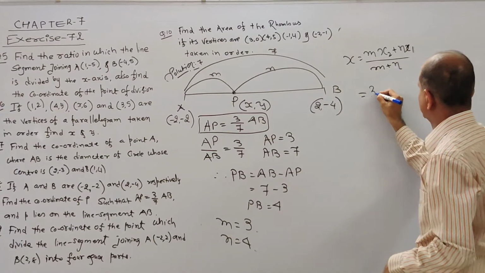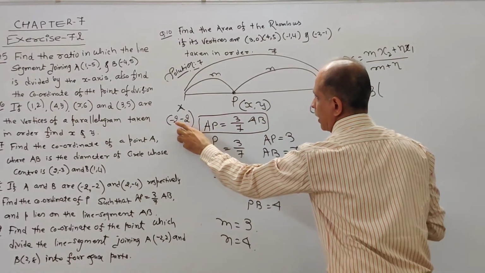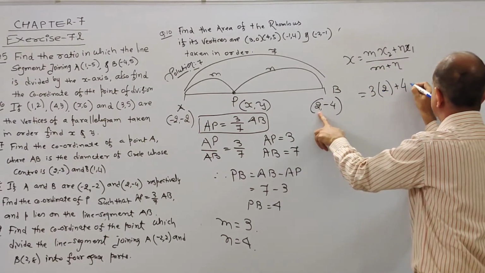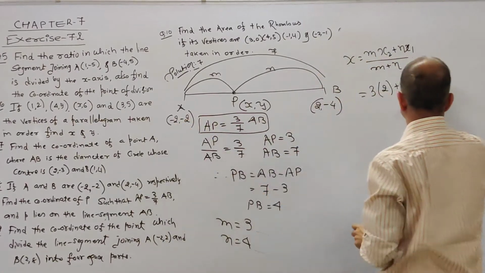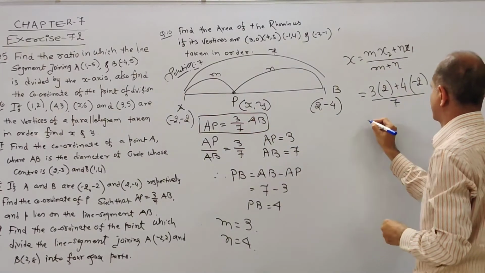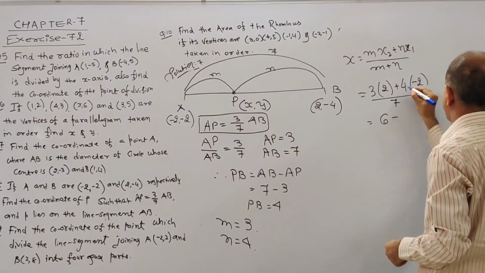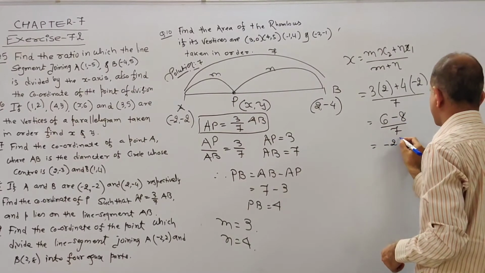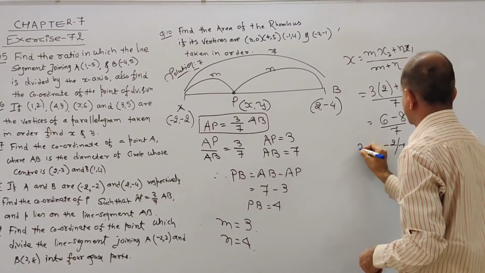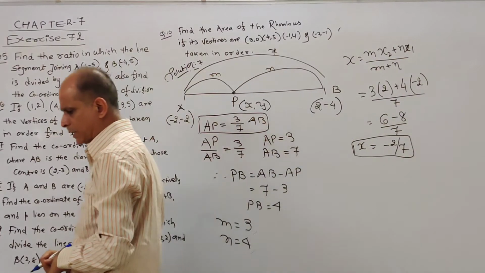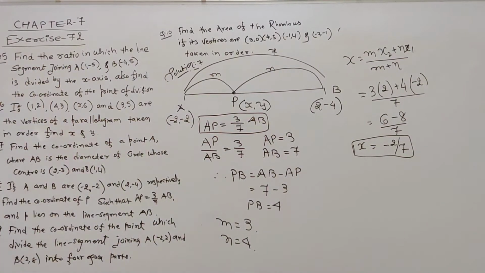So m means 3, x2 means 2, plus n means 4, x1 again it is minus 2, upon m plus n means 4 plus 3, that is 7. 3 twos are 6, minus 4 twos are 8, by 7, so minus 2 by 7 is the x coordinate of point P. Answer is minus 2 by 7. That is your x coordinate.